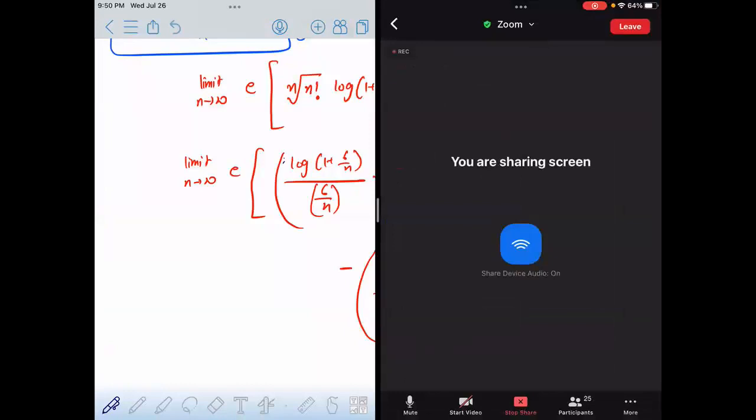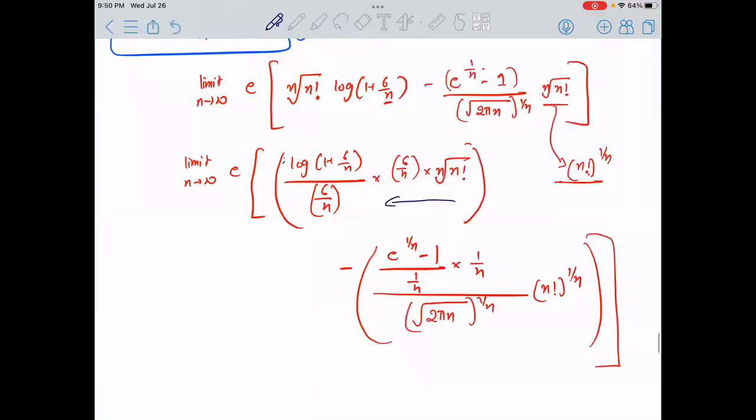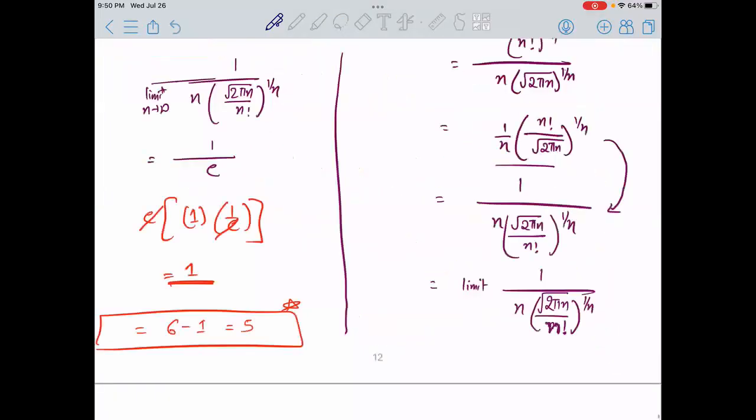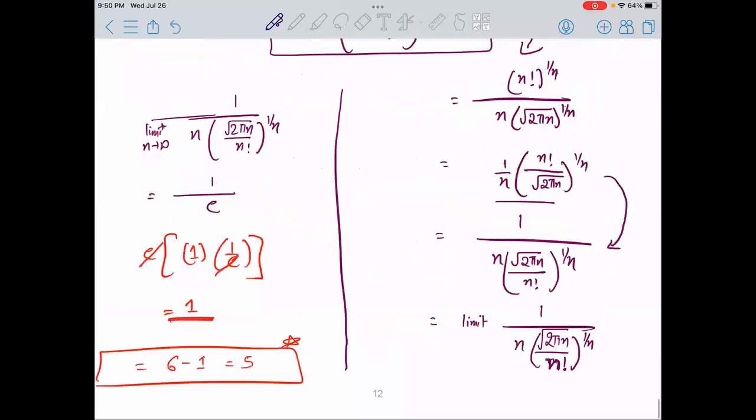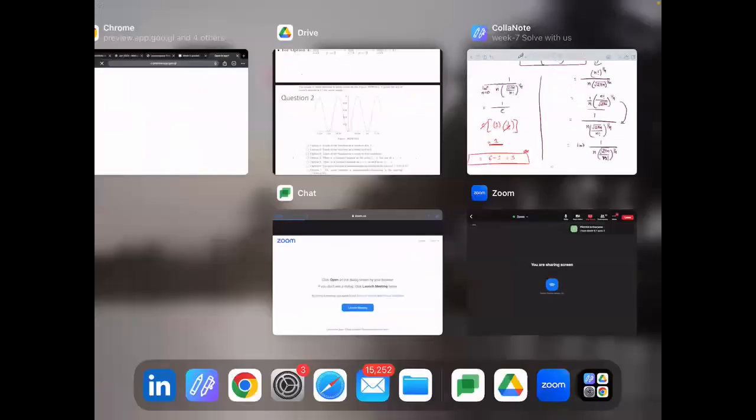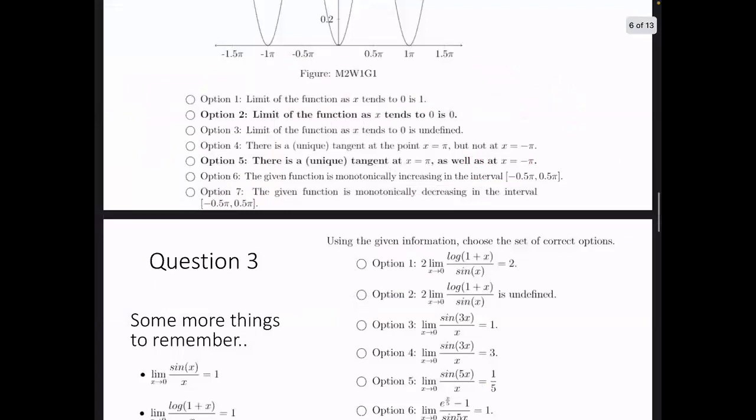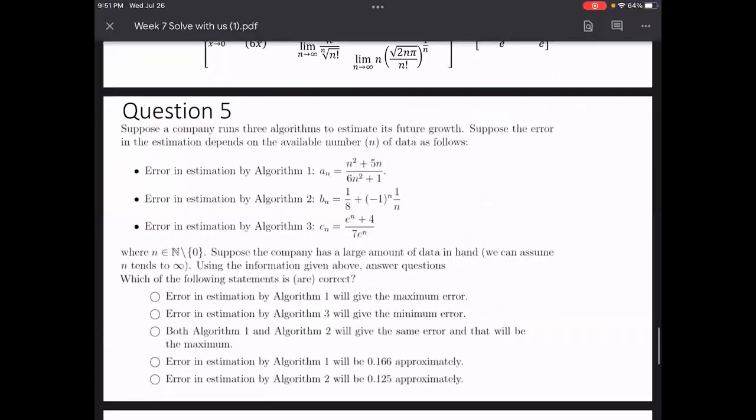Then coming to the next slide. I'll show you the question this time. Yeah, this is the question. Question 5. Suppose a company runs 3 algorithms to estimate its future growth.